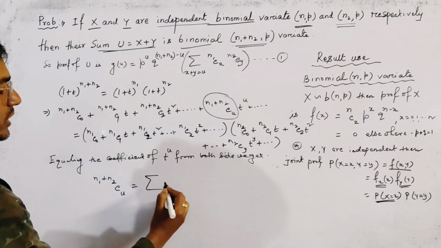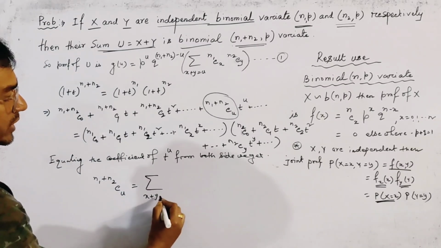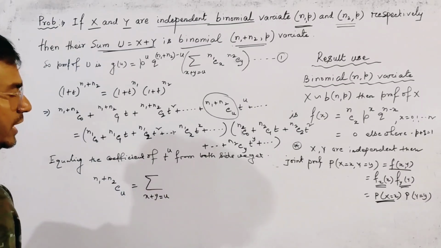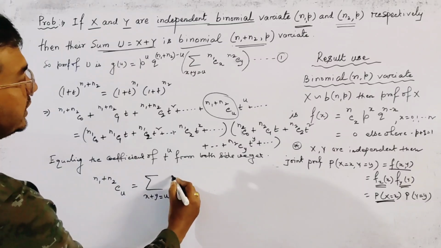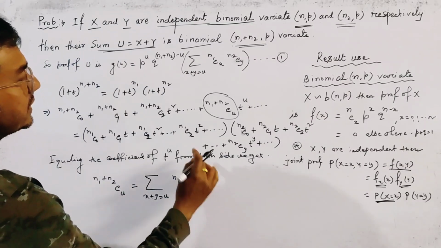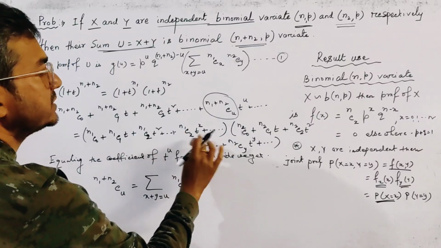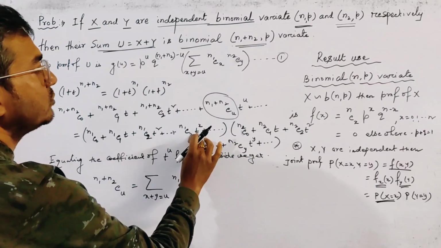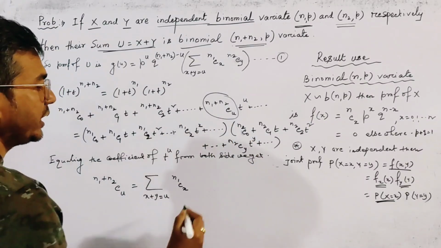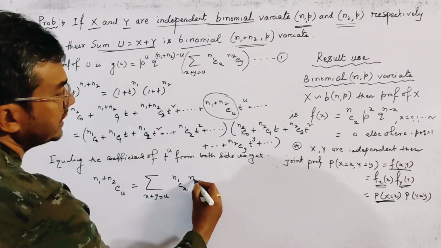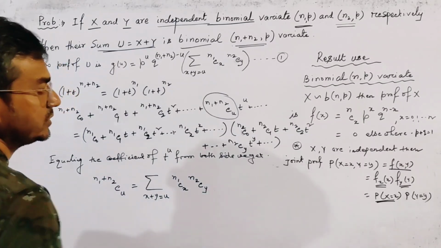How do we equate with the left side? We write summation x plus y equal to u, and from here we get n1 cx, this is t to the power x, and if we multiply this term with this term, then we get t to the power x plus y, and so the coefficient is n2 cy.